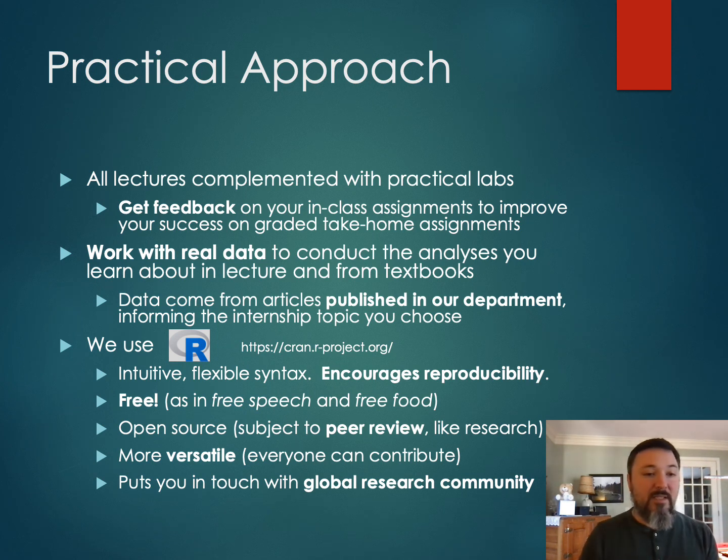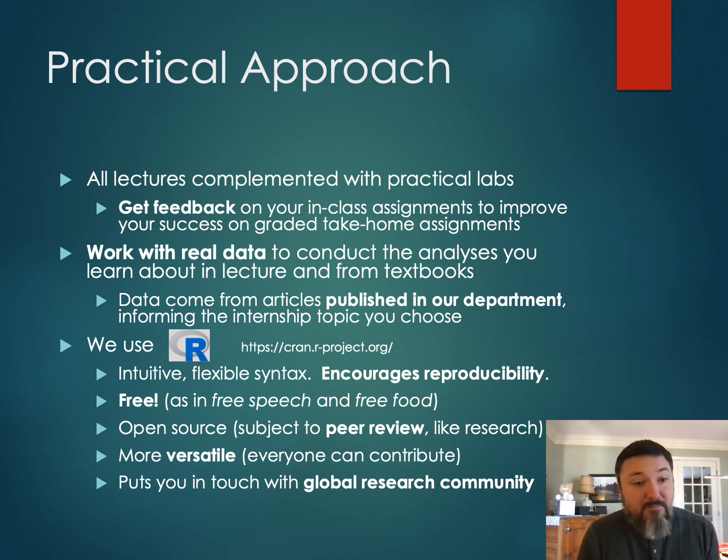We use the R statistical package rather than SPSS, which has long been popular in social sciences. We have many reasons for using R. It has a more intuitive, more flexible syntax than SPSS does. It really encourages reproducibility because that's its basis.